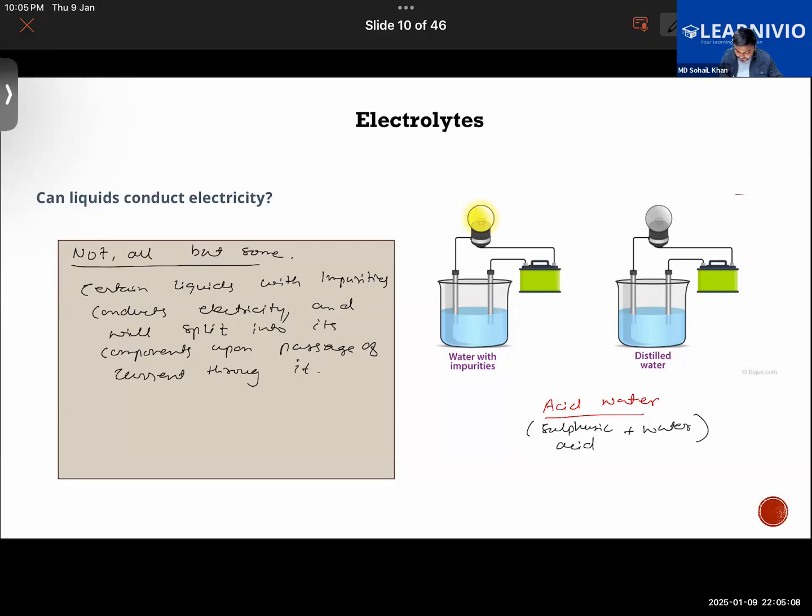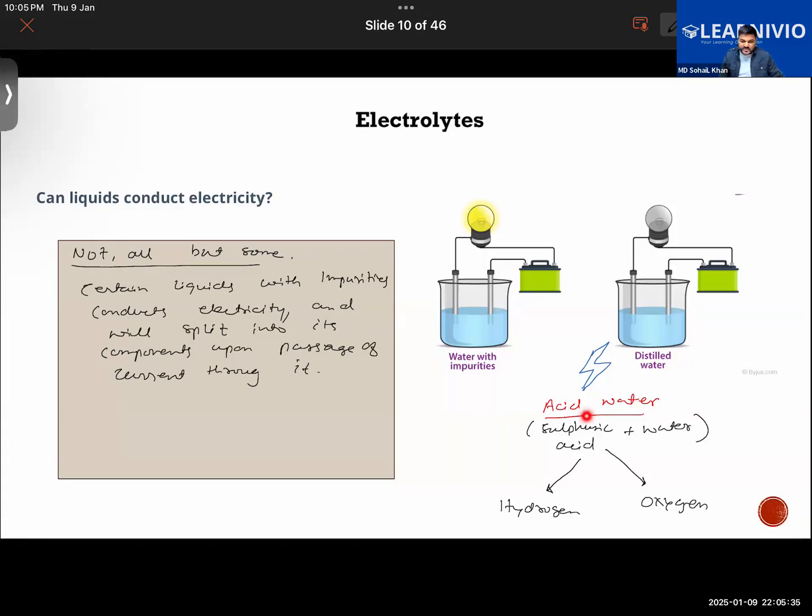Strong. Good, so it's a strong acid. Can I call this a mineral acid? We can call this a mineral acid, no? So when the current passes through it, the water here is going to split up into hydrogen and oxygen.